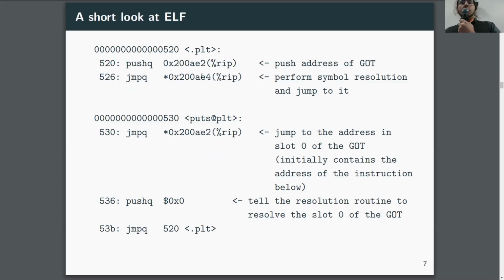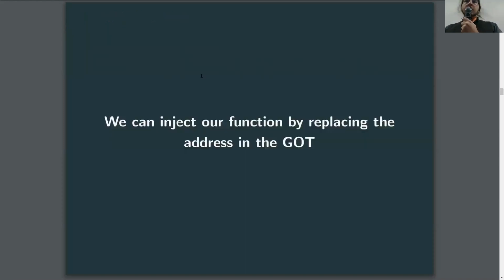So when we get to this point, you have the idea that pretty much every program that uses dynamic linking has ways to inject whatever you want inside your running executable. This means we can inject whatever we want by replacing the address of the function inside the global offset table. This technique is called GOT poisoning.